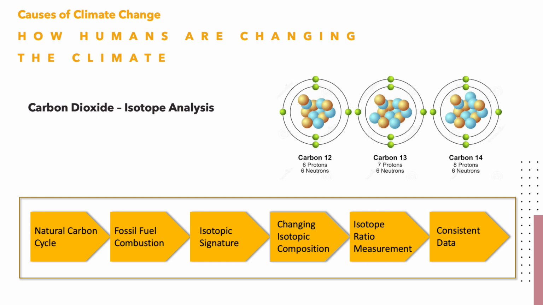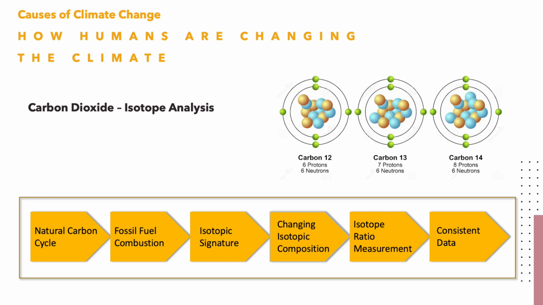As we burn fossil fuels, the carbon dioxide released into the atmosphere carries the isotopic signature of fossil fuels. By measuring the carbon isotopes in atmospheric CO2, scientists can determine if the increase in CO2 is primarily from fossil fuel combustion or from natural sources.